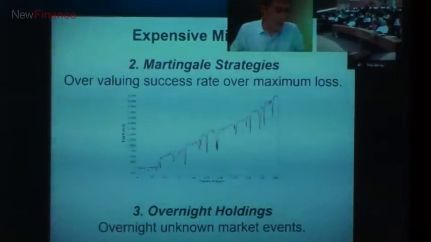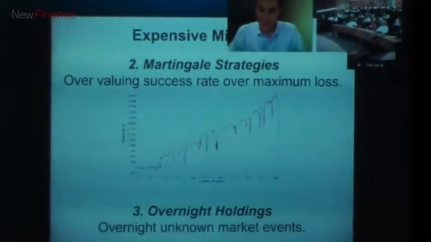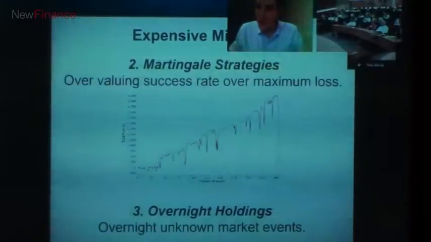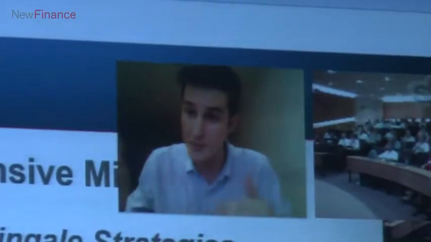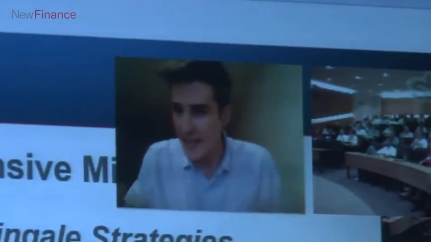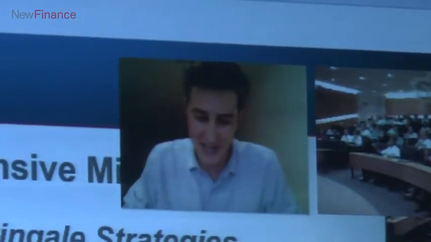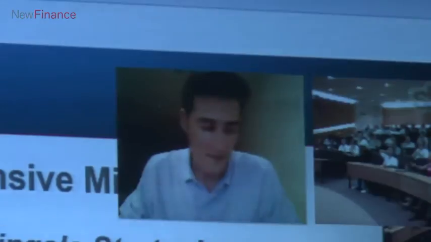And then finally, another expensive, painful mistake was overnight holdings. So I designed an algorithm that was back-tested and working overnight to predict when there were gaps in the markets, when it gapped up on open. And it was beautiful, it had a good win rate, and we were running for about 6 months using this overnight algorithm.